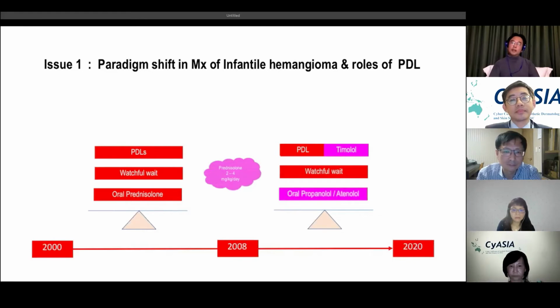Some of you might ask why we are no longer using prednisolone. The dose we used previously to get the anti-proliferative effect is not 0.5 milligram per kg per day for 2 weeks, but 2 to 4 milligram per kg per day for 6 to 9 months, which is very heavy, and inevitably they end up with moon face and also buffalo hump.